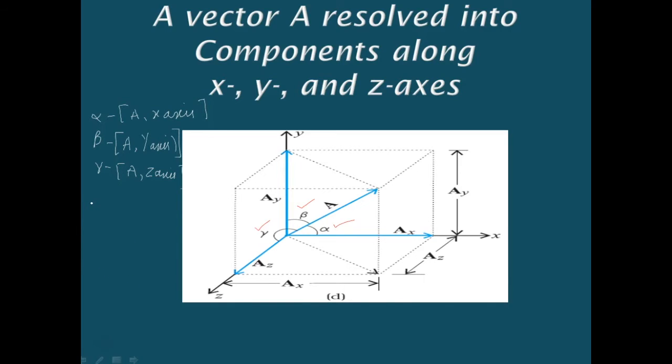Okay, so now we can write Ax as what? Yes, we can write Ax as A cos alpha, Ay as A cos beta, Az as A cos gamma.